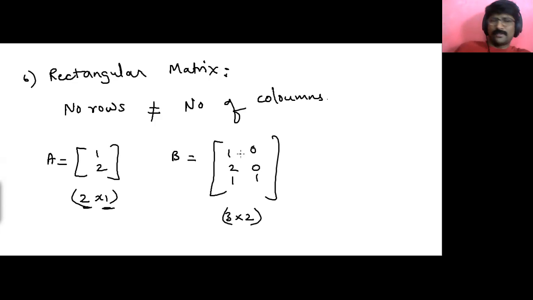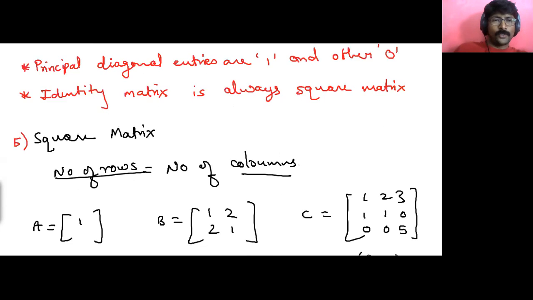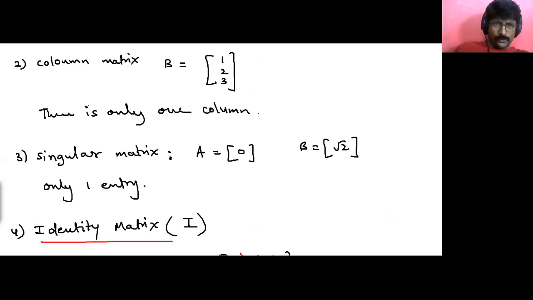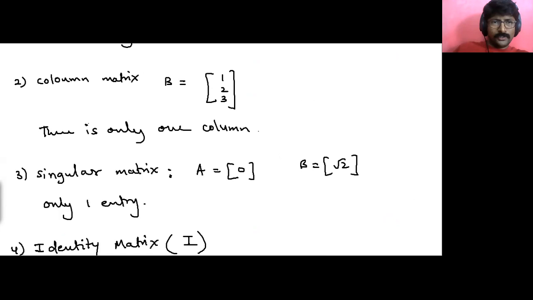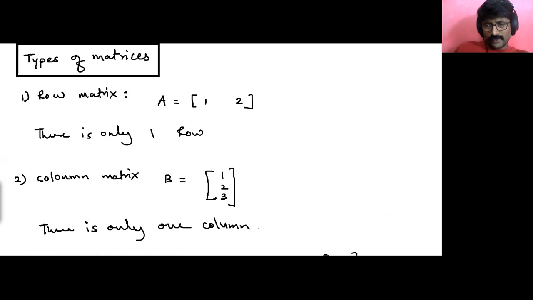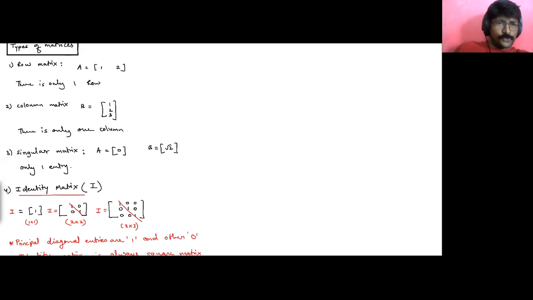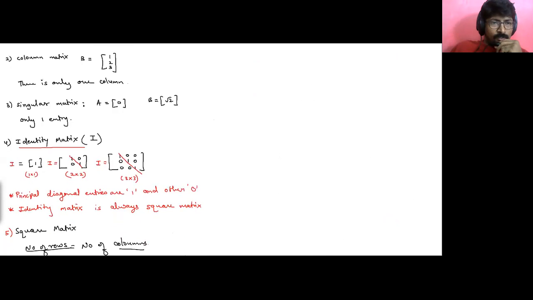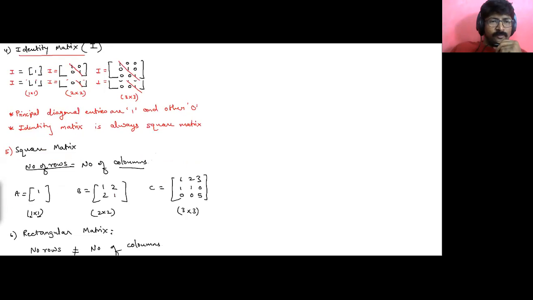Okay, very simple chapter and very easy to understand all these things. I hope you understood. So by now, what are the types of matrices we've learned? In case you have understood everything, superb. You can check your notes whether you have written them or not. Row matrix, column matrix, singular matrix, identity matrix, which is denoted with I. Then there is square matrix and rectangular matrix.